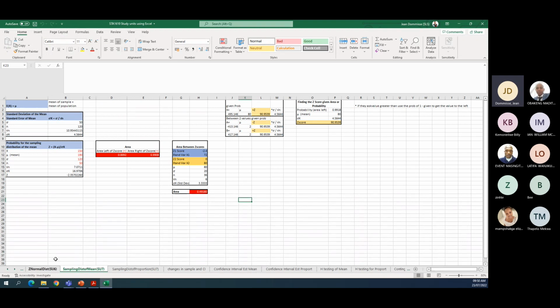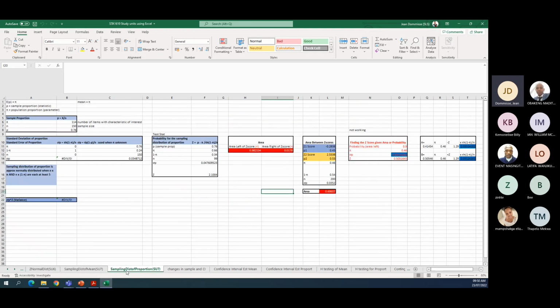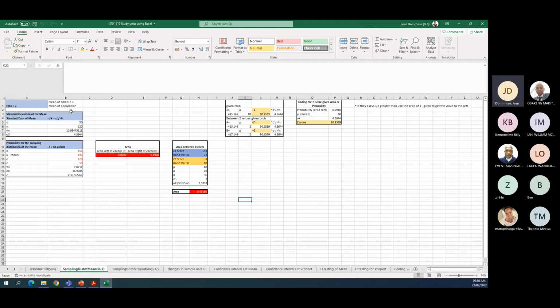And you will see that in the Excel, again, there's one for the distribution of the mean, and there's one for the proportion. So when we look at the one for the mean, these are the things that you need to put into the equation.